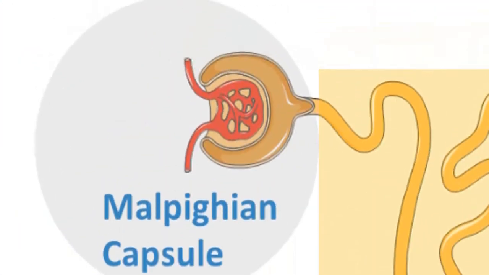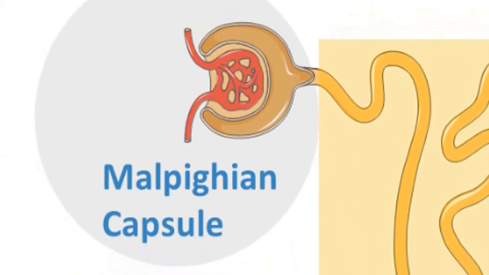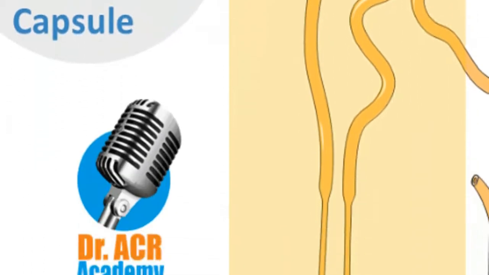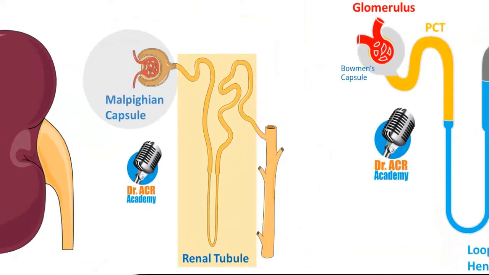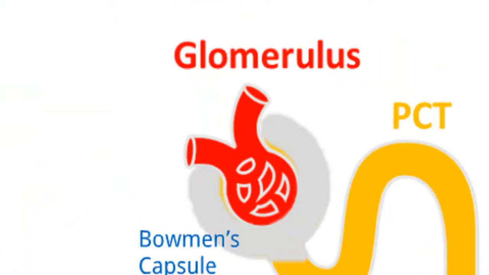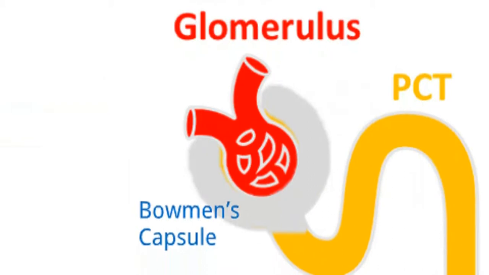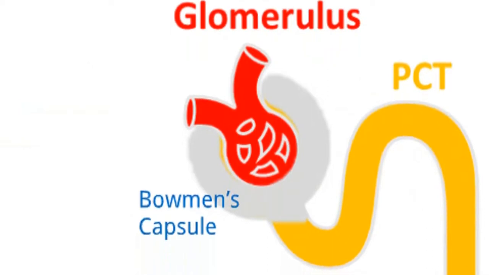So we know that this nephron contains two prominent structures known as the Malpighian capsule and the renal tubule. In the case of this Malpighian capsule, it contains the glomerulus. This is the blood capillary part that is in red color. Another structure, a cup-like structure that surrounds the glomerulus, is the Bowman's capsule.